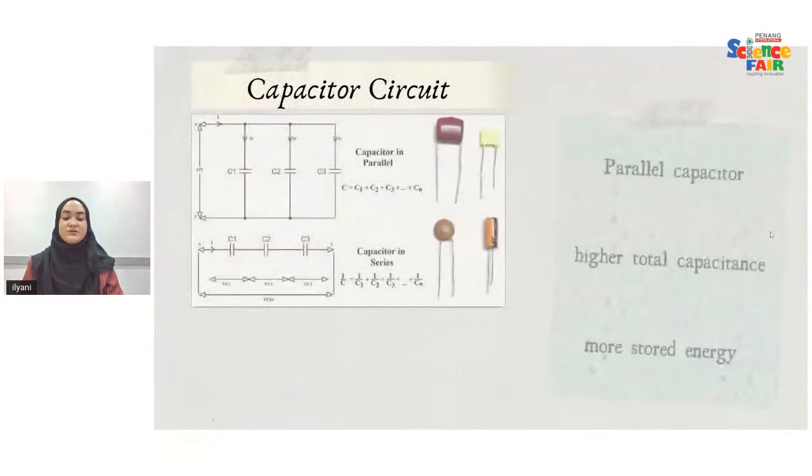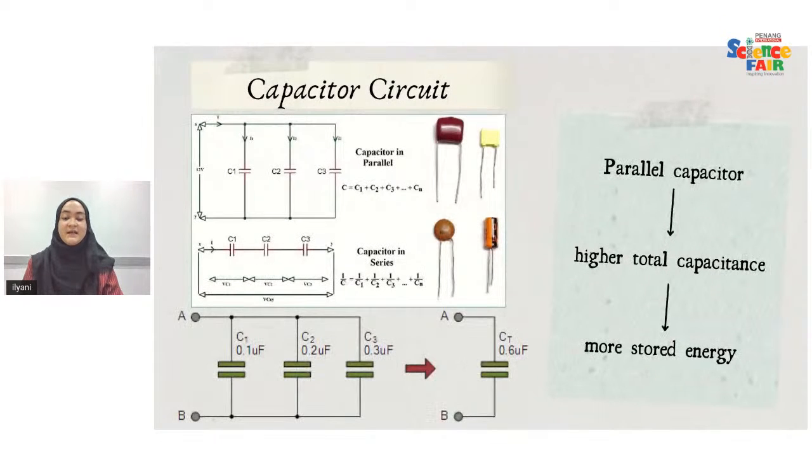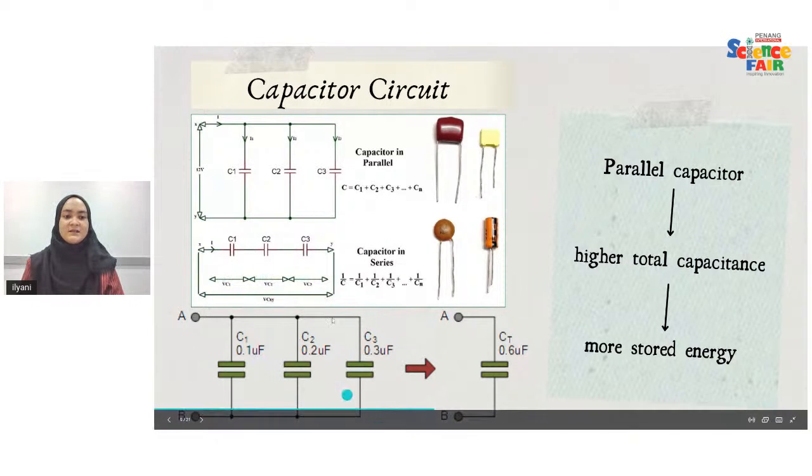So let's go to the circuit for the capacitor itself. The mechanism for capacitance is the opposite of resistance. If you look back at the resistance formula that I showed just now, you will see that they are opposite. Take the example of a parallel circuit for the capacitor. Each capacitor here is 0.1 microfarad, 0.2 microfarad, 0.3 microfarad.